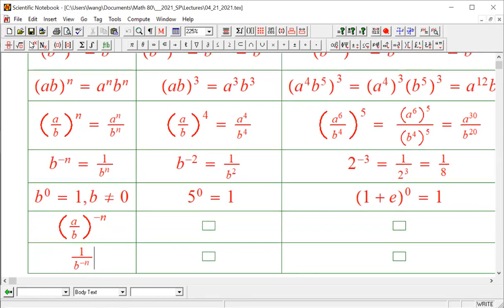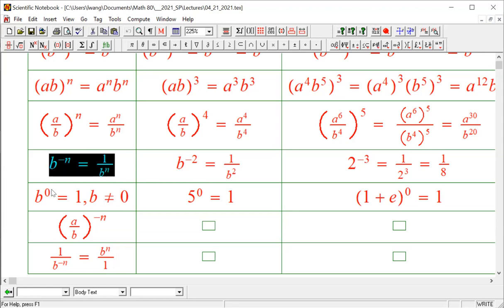What should that be? Well, it is indeed b raised to the power of n. If you see better, it will be b^n over 1. So it's really another way of writing that.